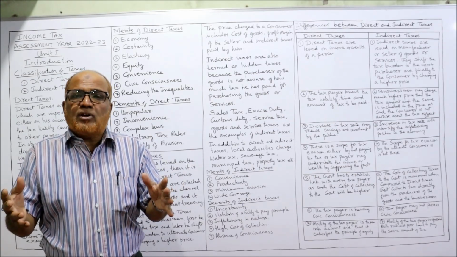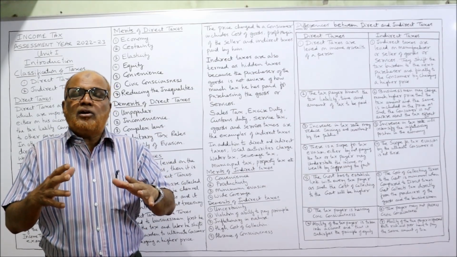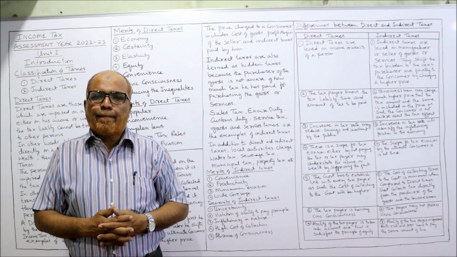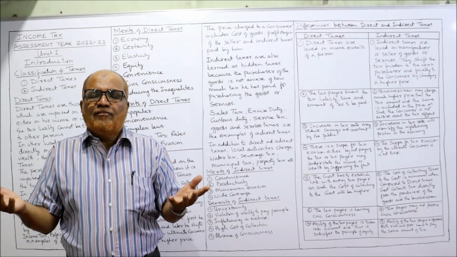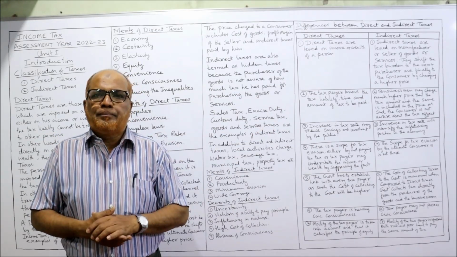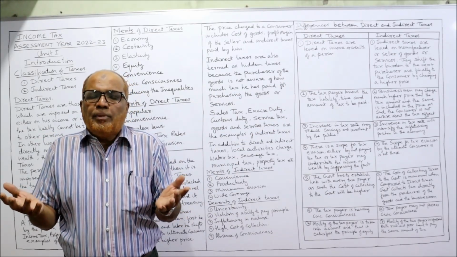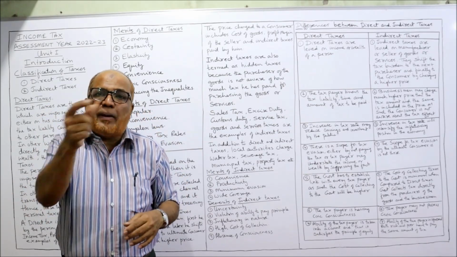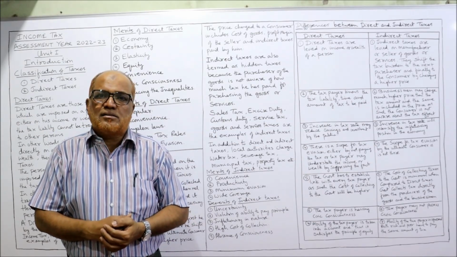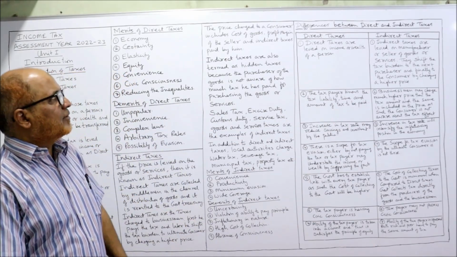When there is lack of civic consciousness, they cannot ask the government how our money is being spent. They are unaware from where the government is getting the revenue and where the government is spending the money, because they are not conscious about paying the taxes. Whereas civic consciousness is there in direct taxes. So these are the demerits.